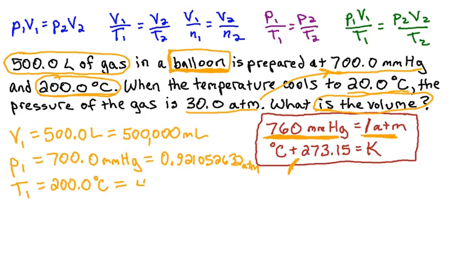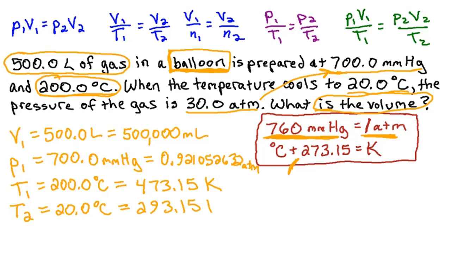So that's going to equal 473.15 kelvins, our temperature one. And then the question says when the temperature cools to 20.0 degrees Celsius, so that's our temperature 2, 20.0 degrees Celsius. If we change that into kelvins, that's going to be 293.15 kelvins.